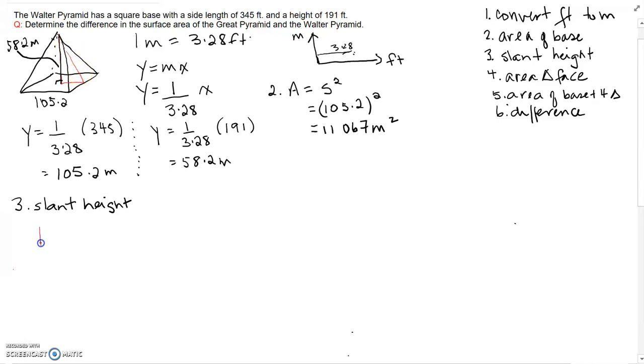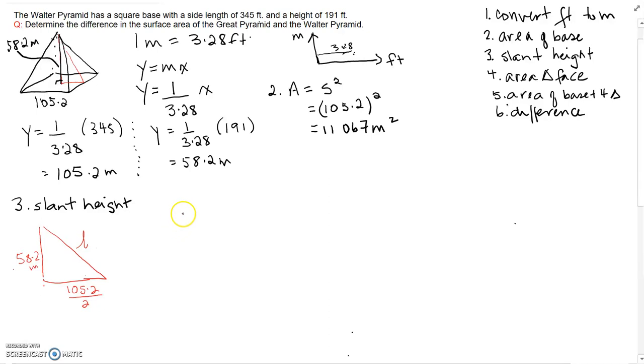So if we redraw the triangle, we have a height of 58.2 meters. This part along the base is half of the base, so it's 105.2 divided by 2. And then this is the length that we're trying to determine.